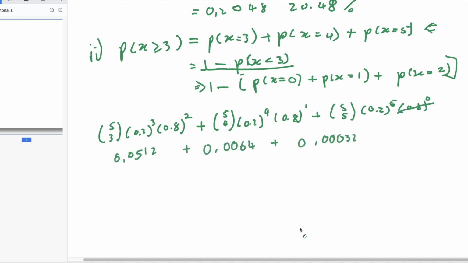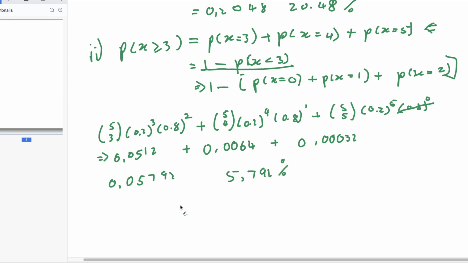Now we have these 3 calculations. We already punched in those numbers, so we just need to add them: 0.0512 plus 0.064 plus 0.003, which is 0.05792, which is 5.792%.